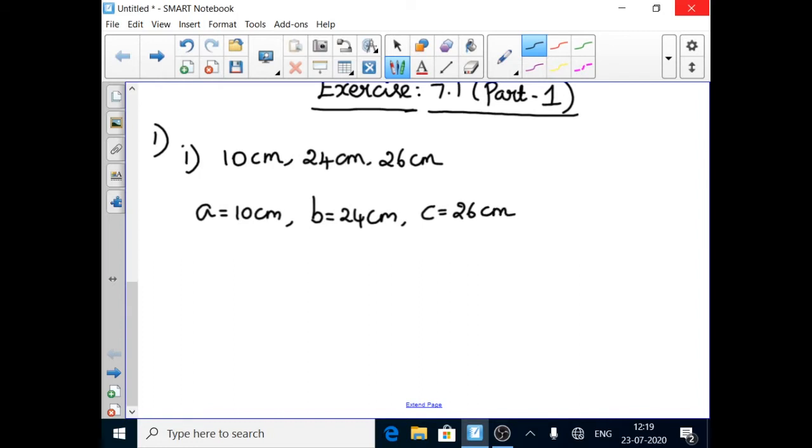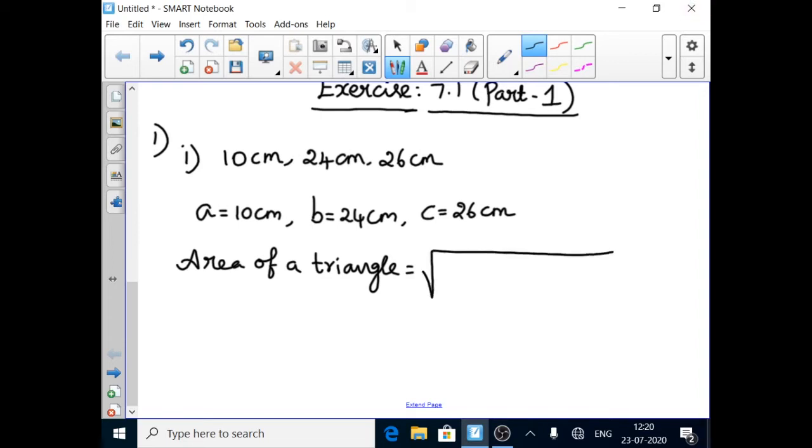So we know the area of triangle formula: area of a triangle is equal to root of s into s minus a into s minus b into s minus c.